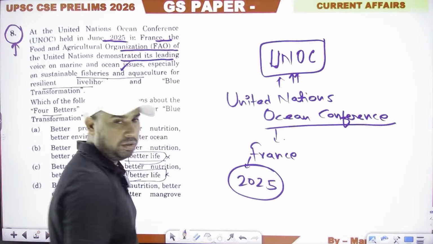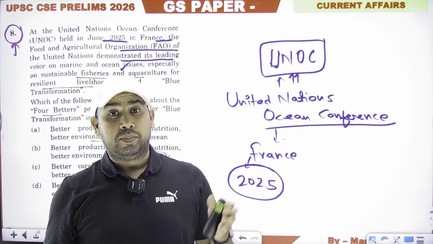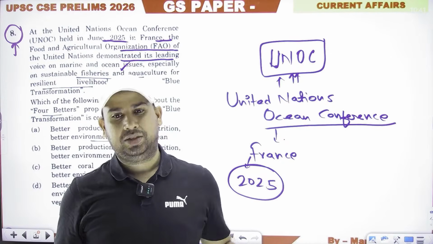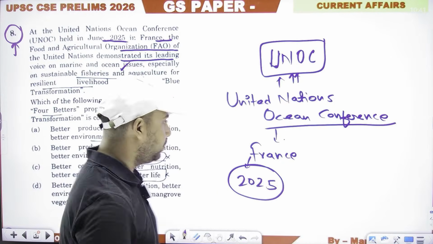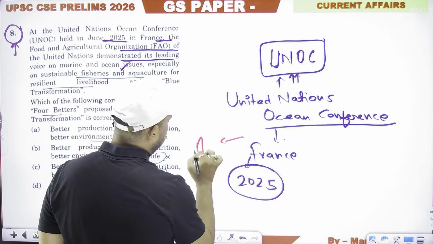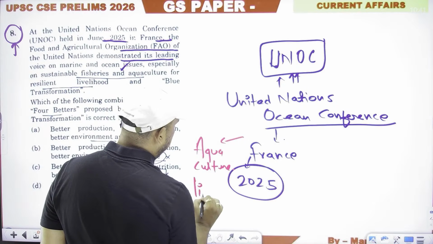And in this particular conference, they have talked about something with the help of the Food and Agriculture Organization, FAO. This is solely associated with FAO, and FAO for aquaculture, for livelihood.